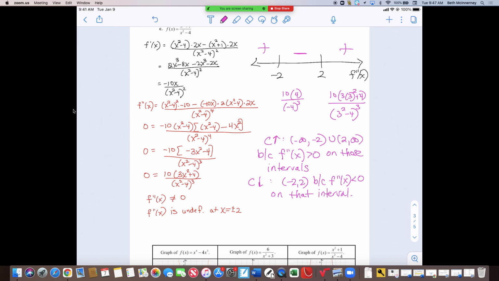So here's where, and this problem was intentional. It looks like, according to our sign chart, that 2 and -2 are points of inflection. But they're not, because if you look at our tippy top, x equals 2 and -2 are not part of our domain. So we need to say that there are no points of inflection because f of x, not f double prime of x, is not defined at x equals ±2.